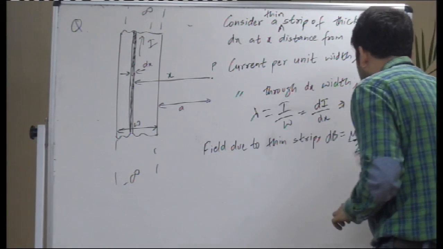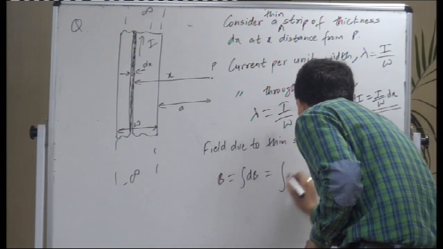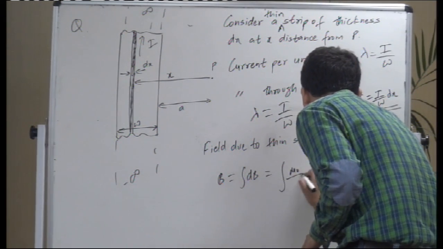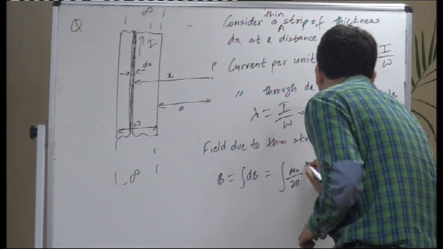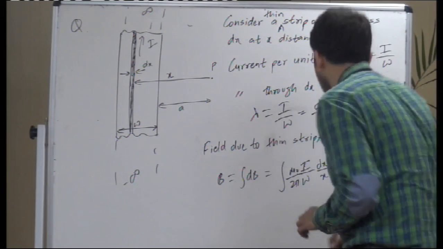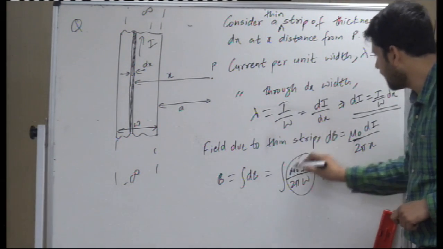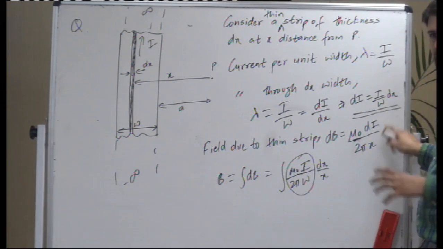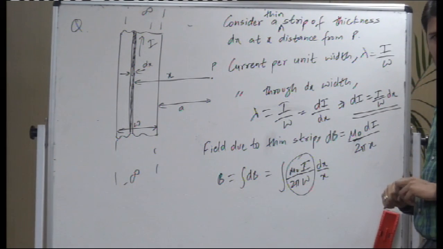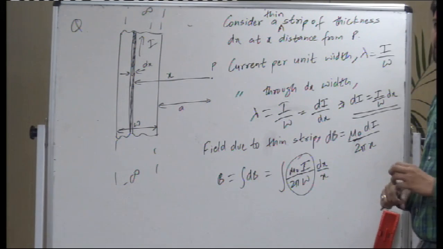So the total field B would be integral dB, which is integral mu naught upon 2 pi, I by W, and dx by x. If I replace di, this thing comes out. Whole of this is a constant value. Only dx by x is variable.